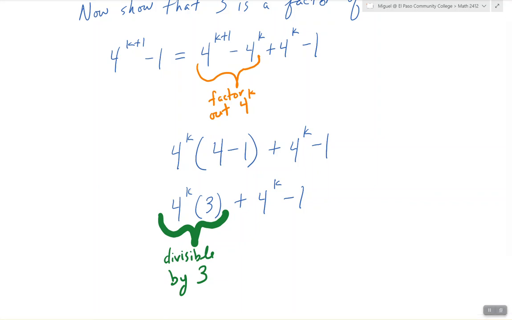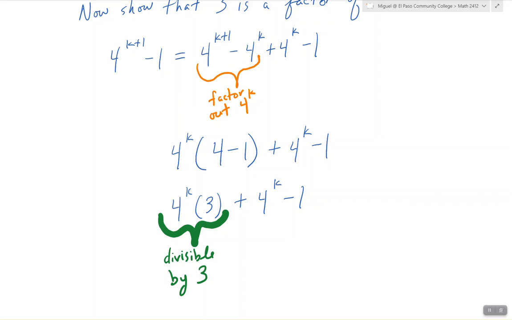So no matter what k is, this number will always be divisible by 3 because there's a 3 being multiplied by that. So it's always going to be divisible by 3. So that part is proven, right? We've shown that that piece is divisible by 3, has a factor of 3 in it.